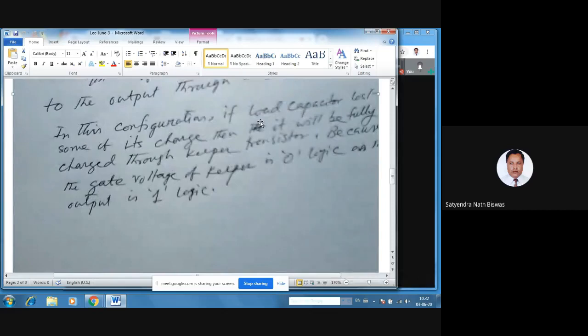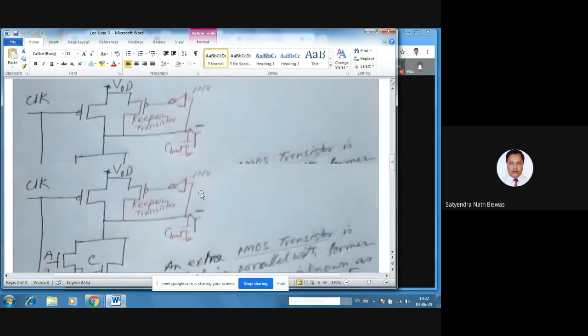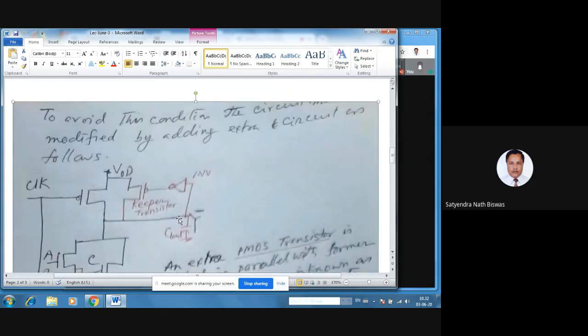So in this configuration, if the load capacitor loses some of its charge, then it will be fully charged through the keeper transistor, because the gate voltage of the keeper is 0 logic as the output is 1 logic. Right? The output is 1, so it will be 1, and then here will be 0, and this will be on and will recharge. Right? So this is the technique.